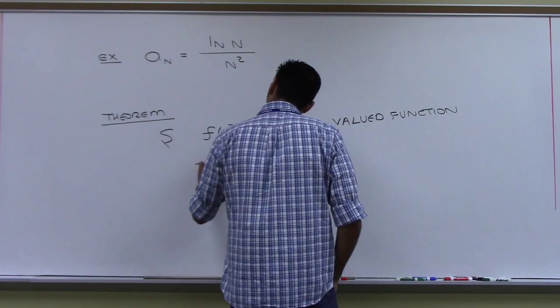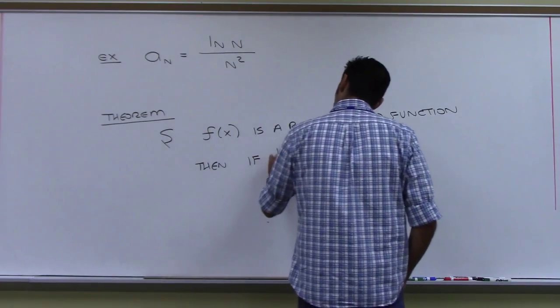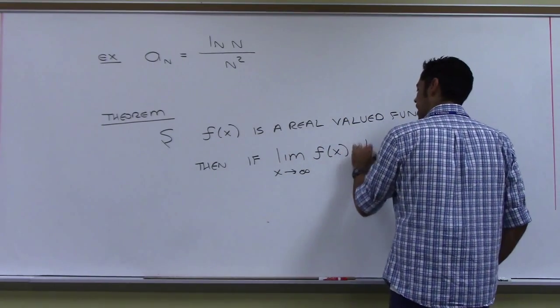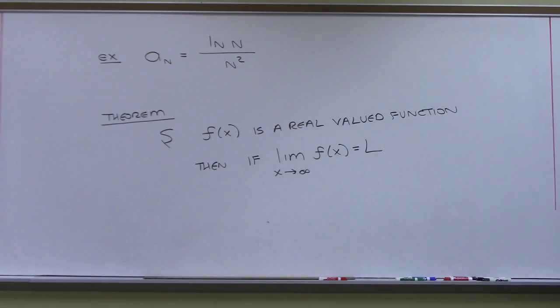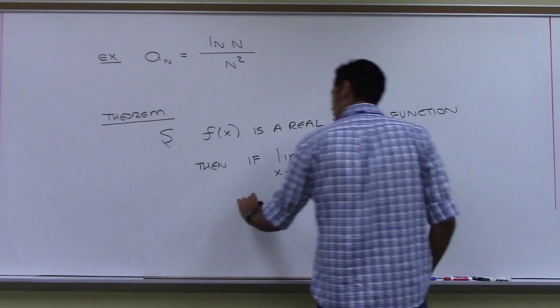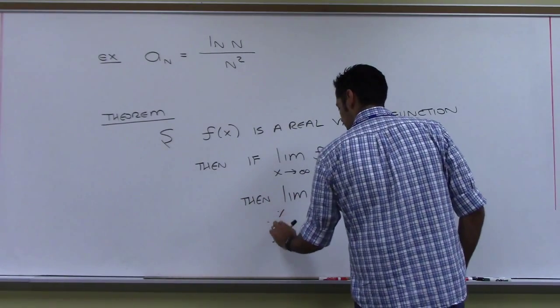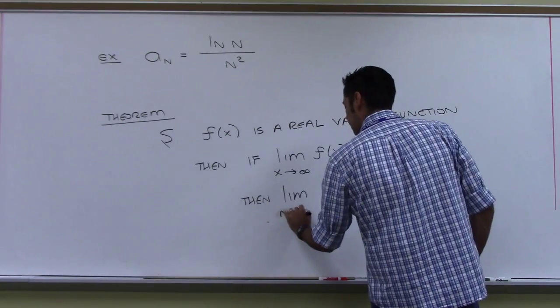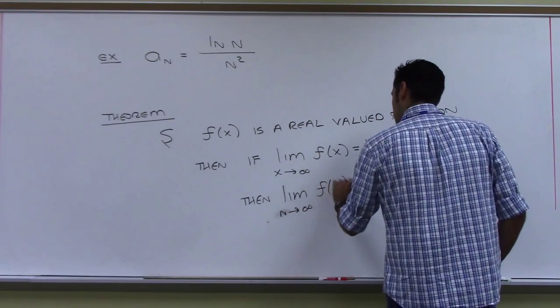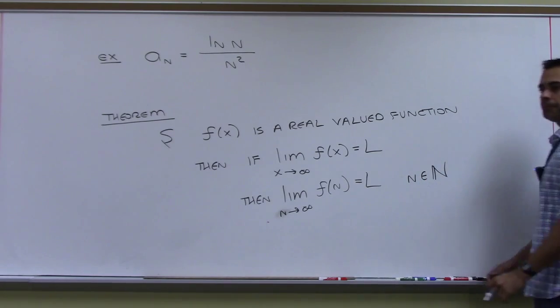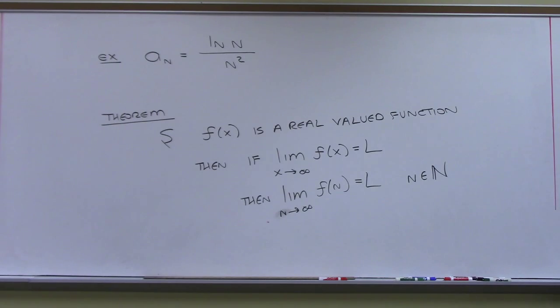Then, if the limit as x goes to infinity of f of x equals L, then the limit as n goes to infinity of f of n equals L, where n is a natural number. Can anybody explain to me what this theorem is saying, visually?